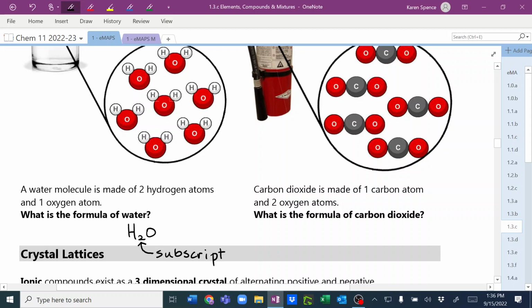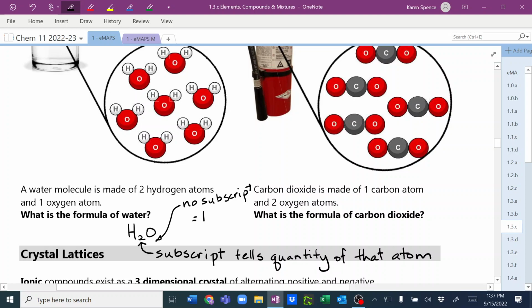The quantity of that atom. And if there is no subscript, that's just equal to 1.